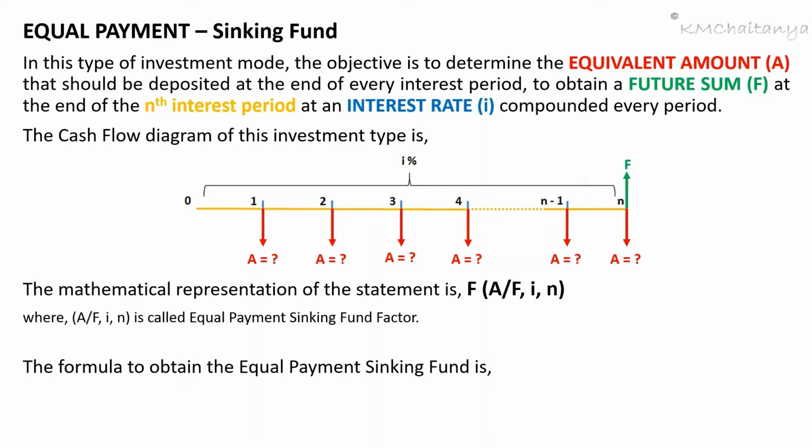The formula to obtain equal payment sinking fund is A is equal to F into I divided by 1 plus I to the power of N minus 1. Here I is in terms of decimals.